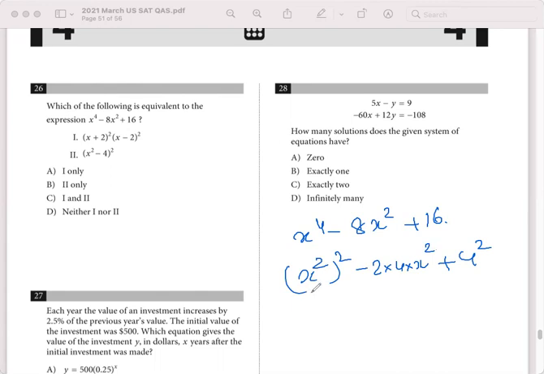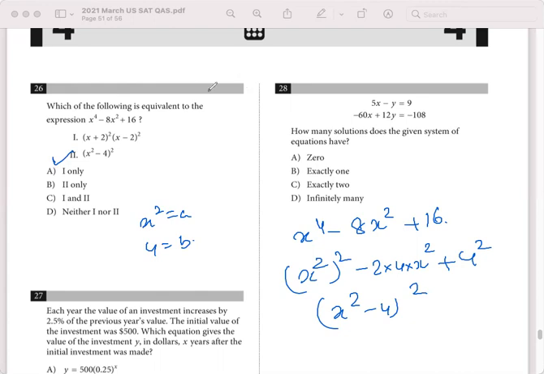So this is like if x squared were a and if 4 were b, then this is like a square minus 2ab plus b squared. So that's a minus b the whole square, x squared minus 4 the whole square. So it is definitely 2.